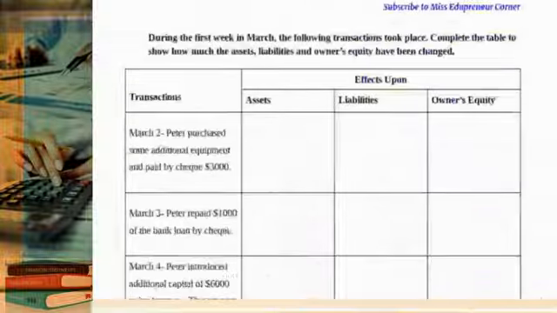During the first week in March, the following transactions took place. So we are to complete the table to show how much the assets, liabilities, and owner's equity have been changed.